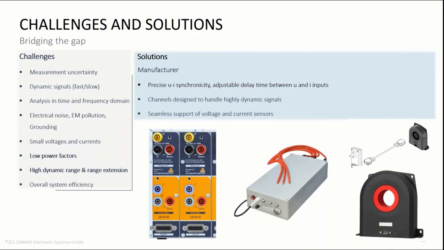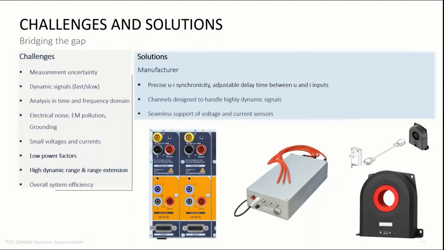Now, often we need to handle voltages and currents that can span from milli to kilovolts and amps. Up to a point, this can be directly measured by the power analyzer. In those cases, the measurement channels need to be designed so that they can handle highly dynamic signals.